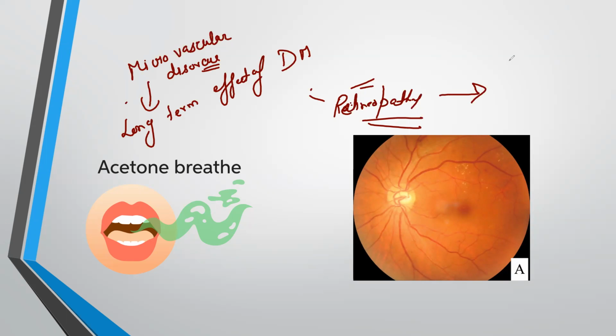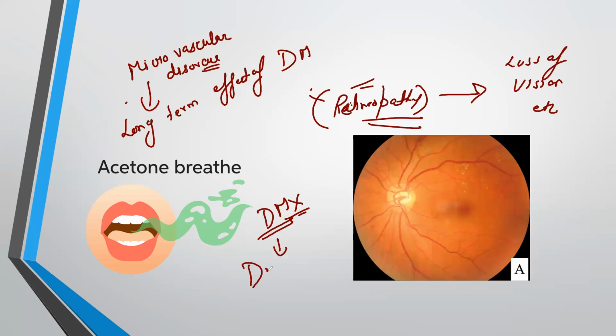What condition does retinopathy cause? It can lead to loss of vision or blurring of vision. When diabetes mellitus is left untreated, it can directly damage our retina.